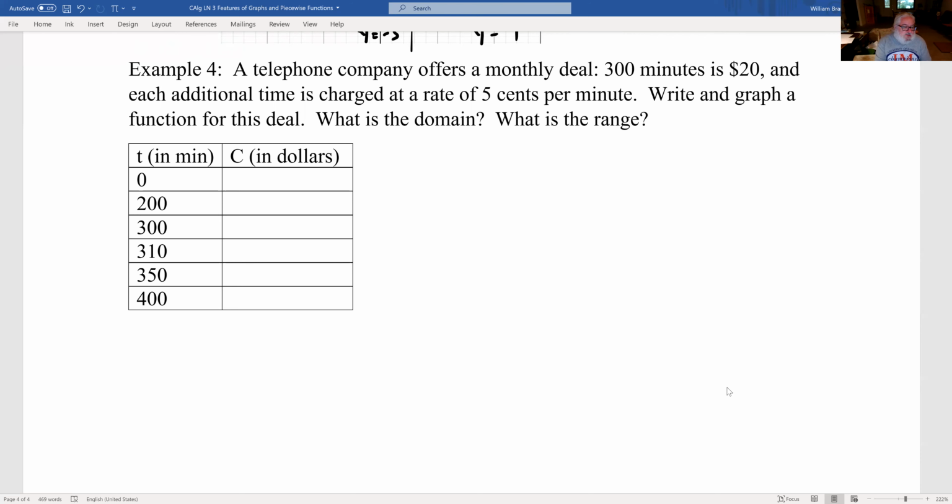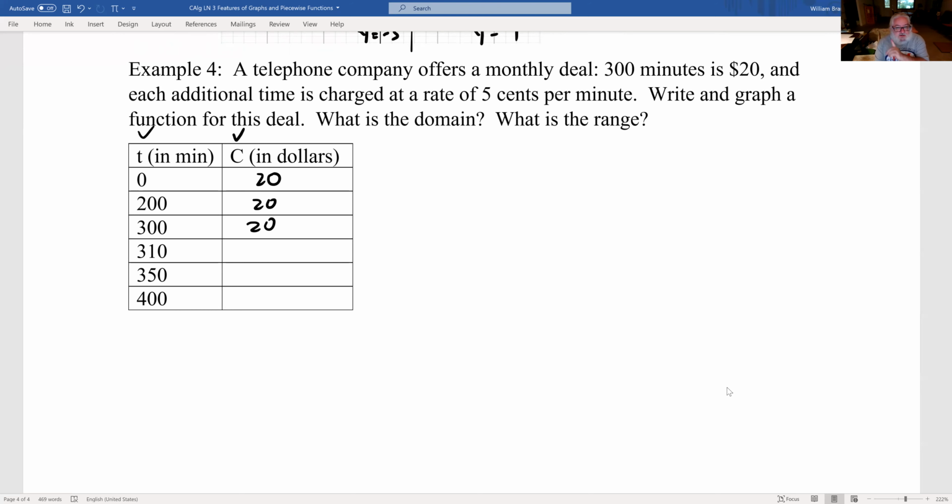And we've got 2 variables. T is time in minutes. C is cost in dollars, right? So we want to know what the cost is. So up to 300 minutes is $20. So if you use no minutes, it's still $20. If you use 200 minutes, it's still $20. If you use 300 minutes, it's still $20.